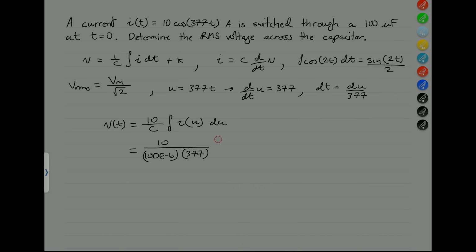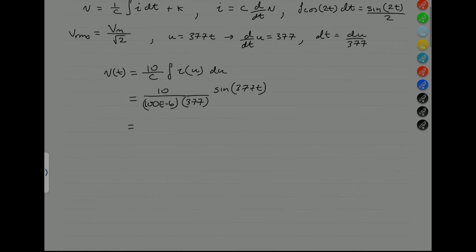So then we're left with sine, and we replace our u with our expression, 377 times t. And then we simplify that.